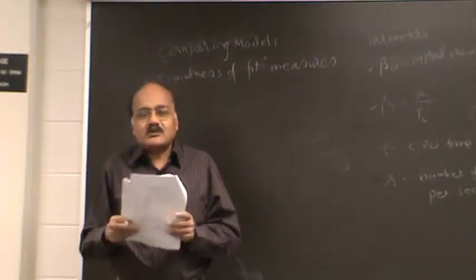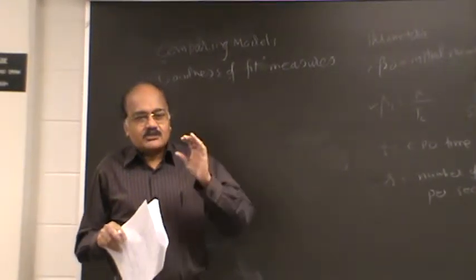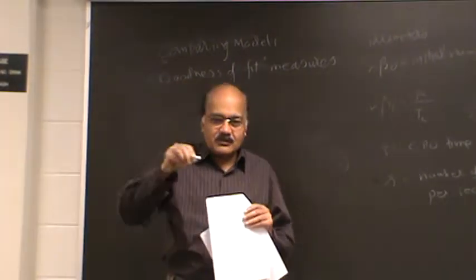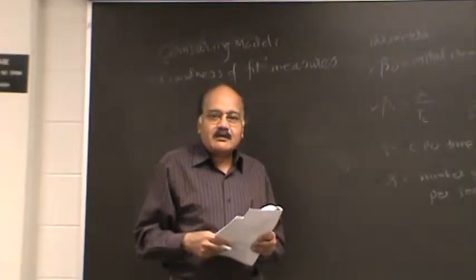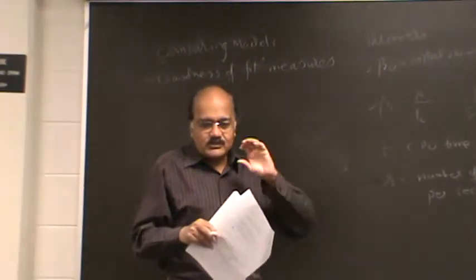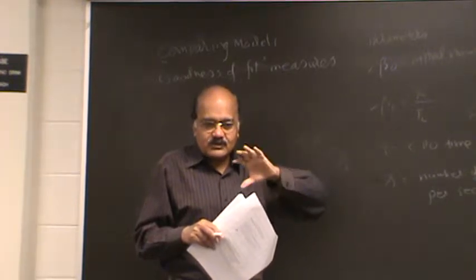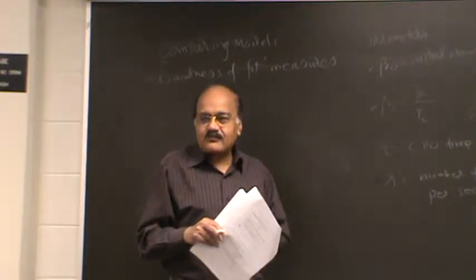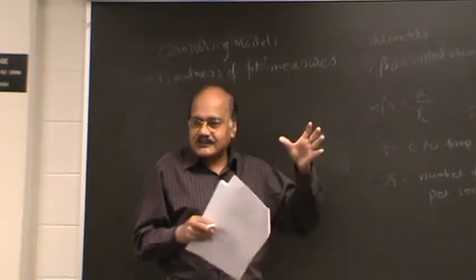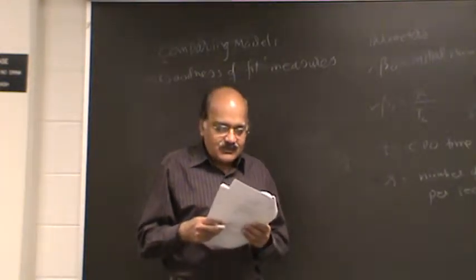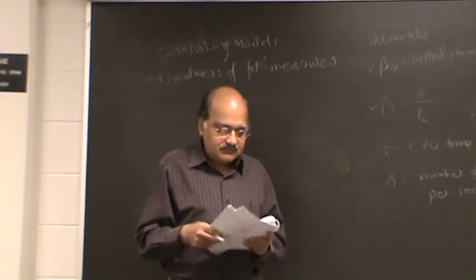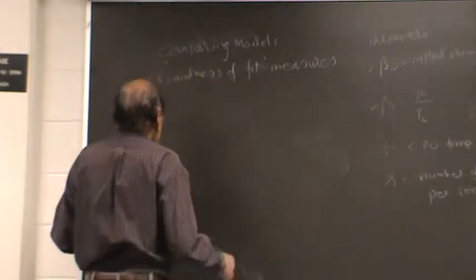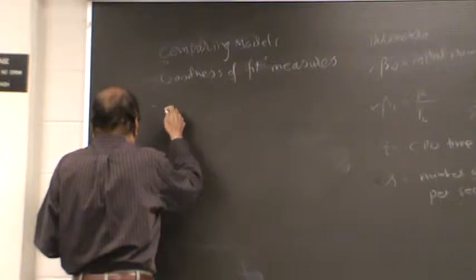Basically, you have a hypothetical plot, and you have the real data, and you see how far those real data points are from your hypothesized model using some criteria, and that would be a goodness of fit measure. Other approach is to look at predictive capability.